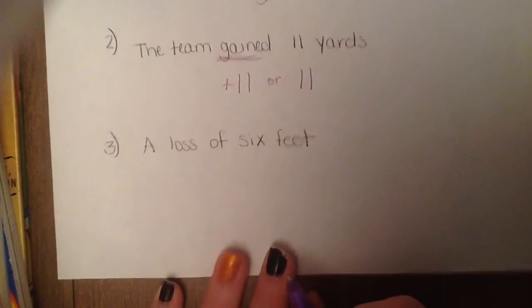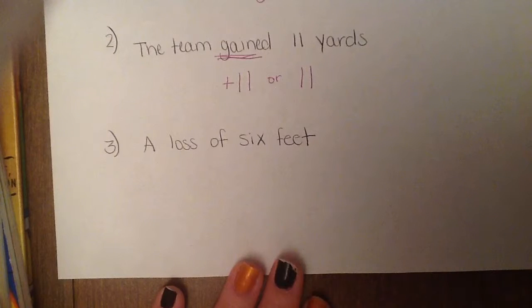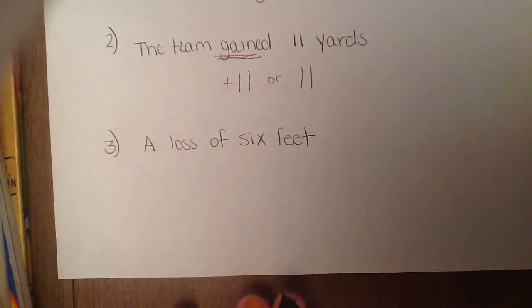Try the next one on your own. A loss of 6 feet. Now that you've done this on your own, what is the key word here that tells us if this is positive or negative?